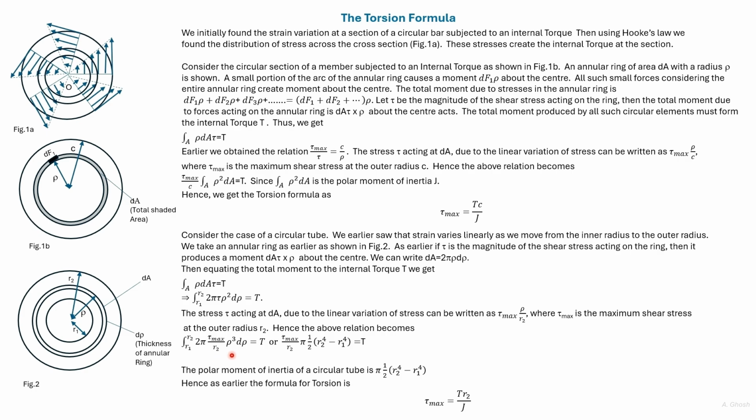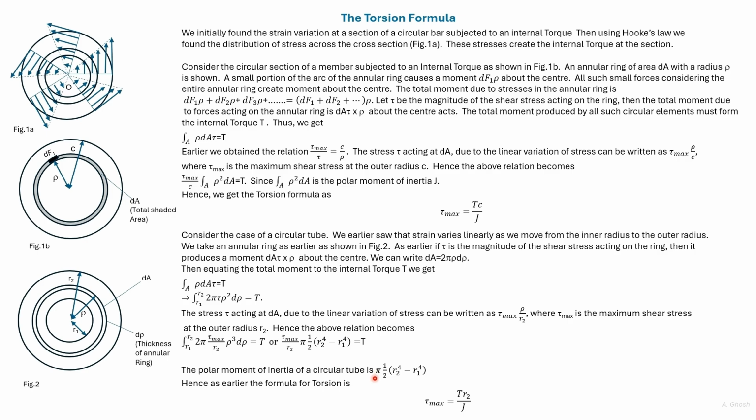As we can now see, we have a function rho cube now, which we integrate. As such, part of the expression after integration is given as r2 to the power of 4 minus r1 to the power of 4 into pi by 2.